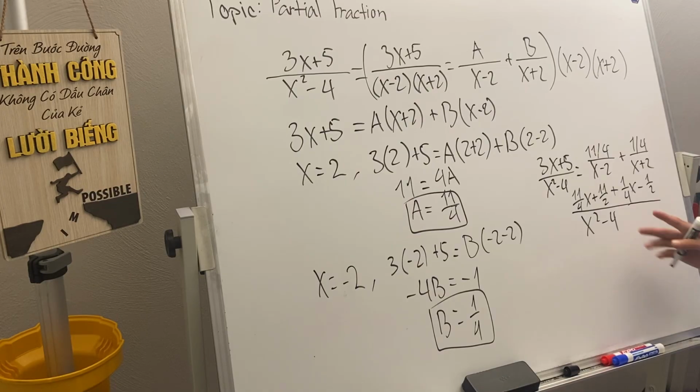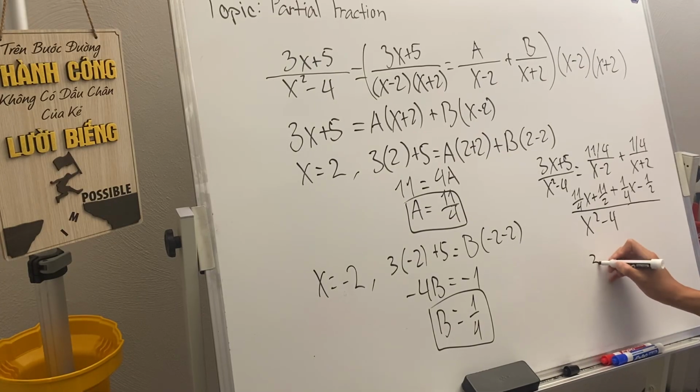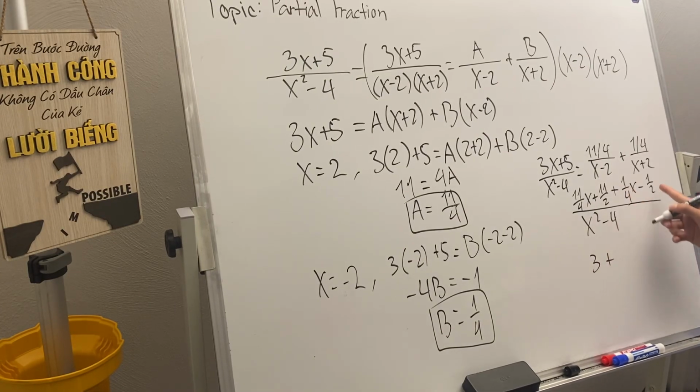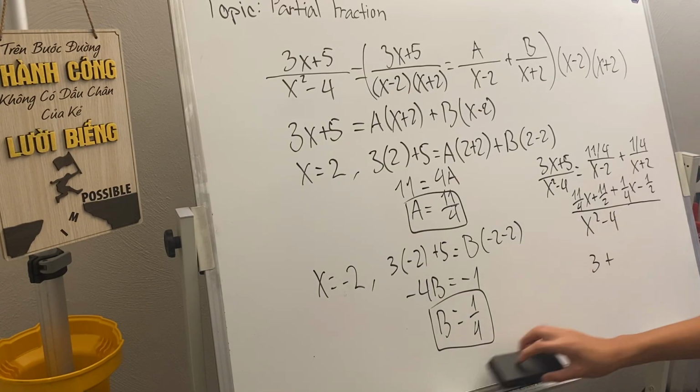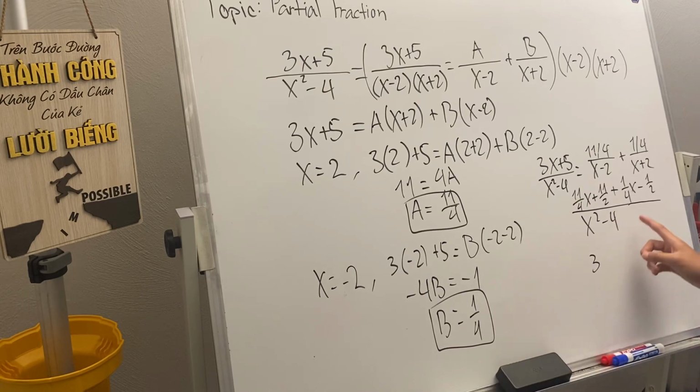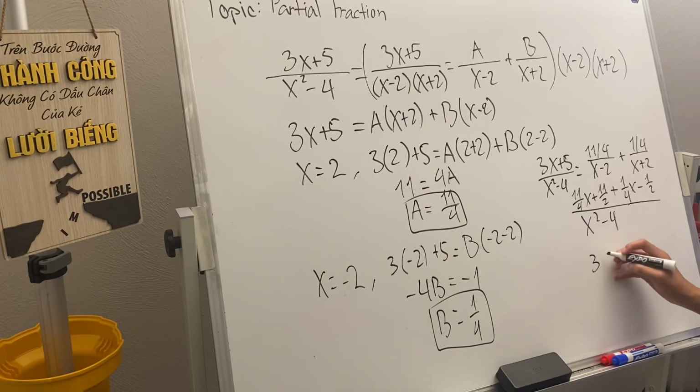Okay, let's add all this up. This plus this, you get 12 over 4, which is 3x. Plus this times this, which is 12 over 2. Oh, my bad. We got 6. So this plus this equals 3x.